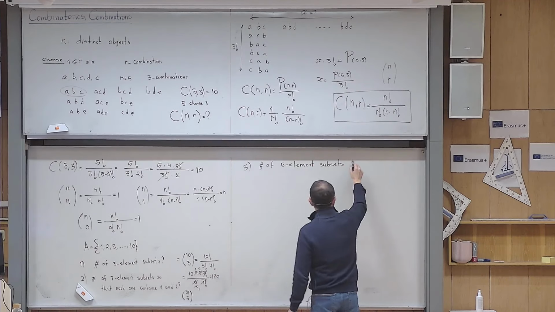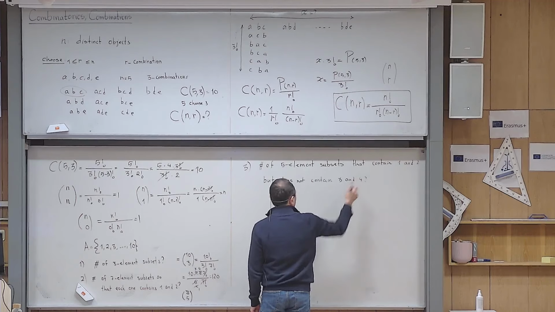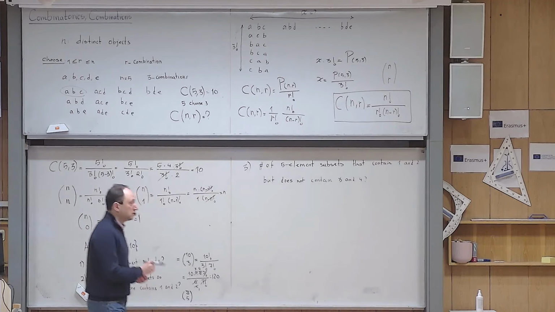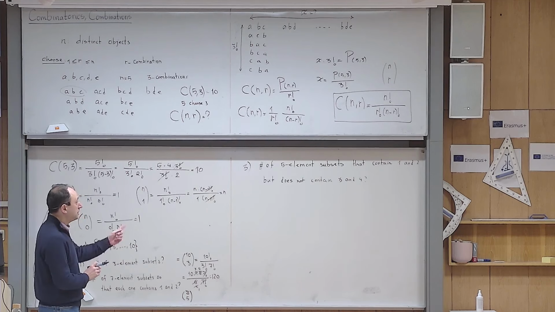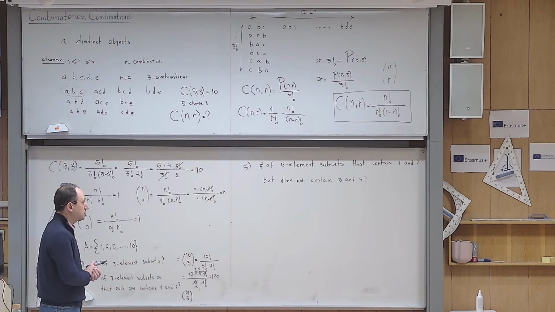Let us write 3 and 4. Okay? So, yeah, you can play around with the concepts. This time you want to choose 5 element subsets, but you don't have 5 degrees of freedom. You have 3 degrees of freedom because 1 and 2 have already been chosen for you. But there is also another constraint, so you have to be careful that 3 and 4 is not within your choice. Okay, so how can I solve the problem?